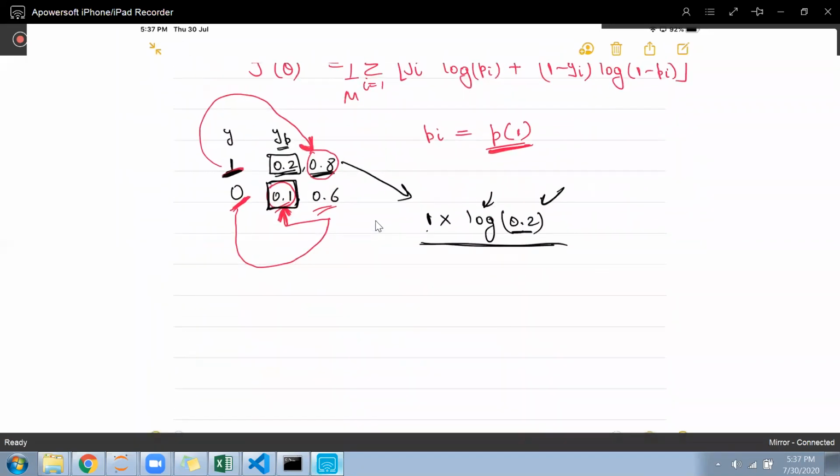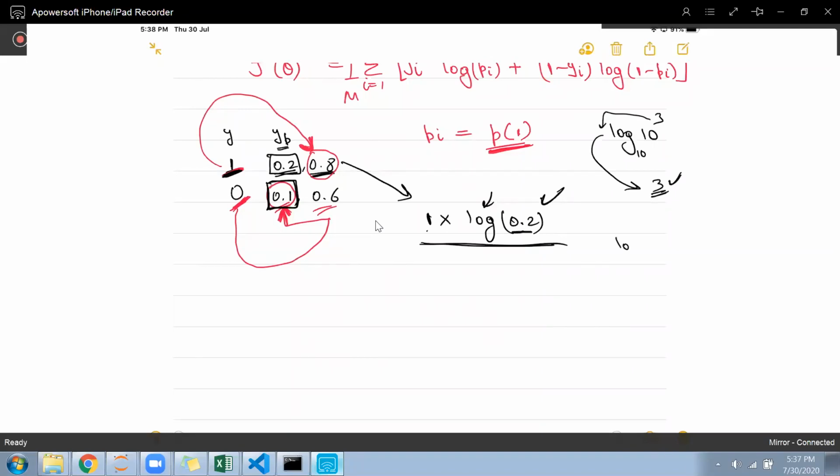Like if the base is 10, and the value is 10 to the power 3, what will be the value of log to the base 10 of this? It is 3. Correct. Log 10 to the base 10 becomes 1, so the power will come forward.